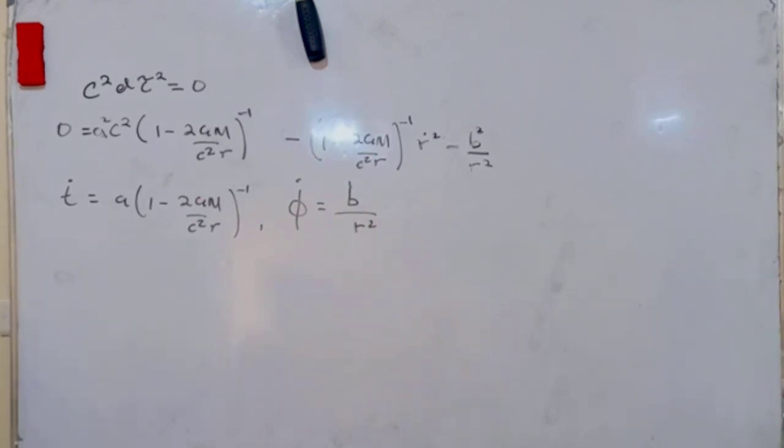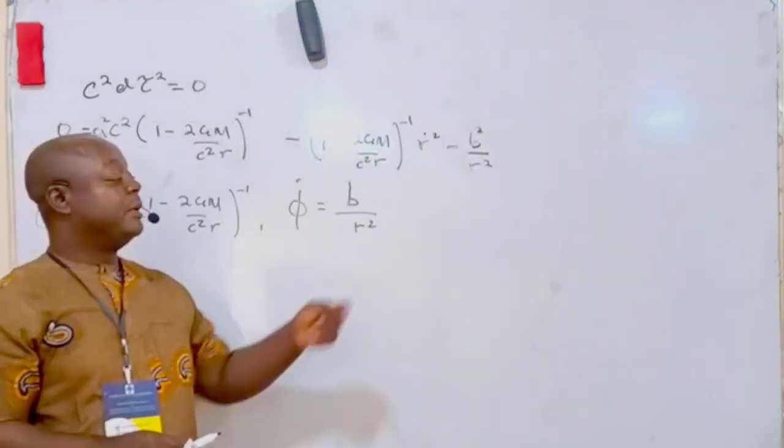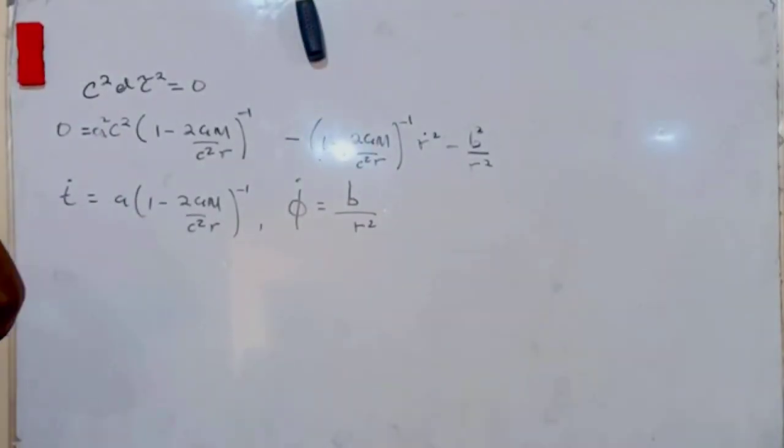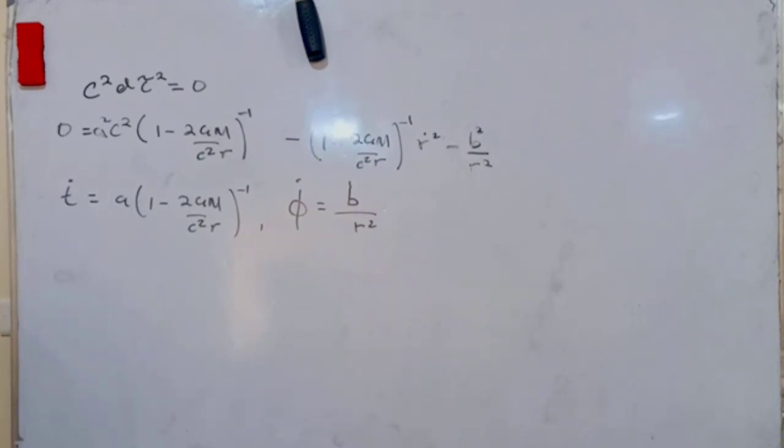At the end of the day we came out with a differential equation which we called the planetary equation of motion. It's almost the same thing we are going to do here, but we are now going to get a differential equation that will describe the motion of a photon. It's no longer going to describe the motion of planets, but the motion of photons or light.